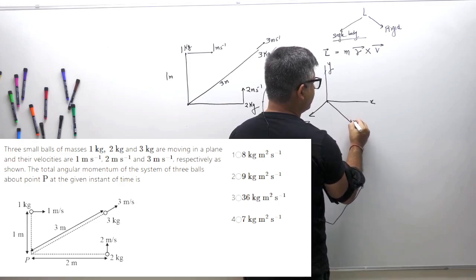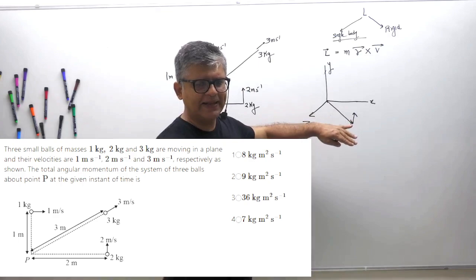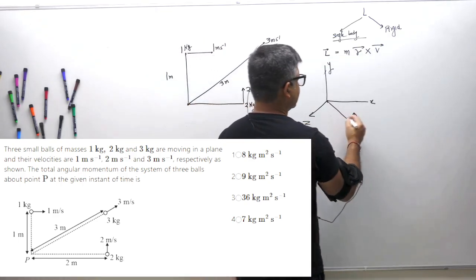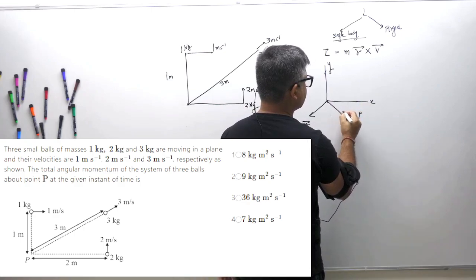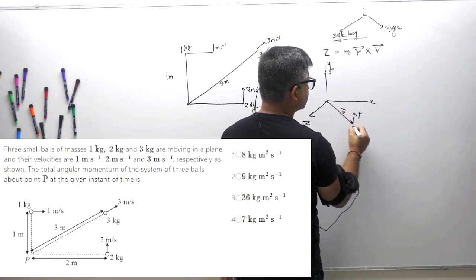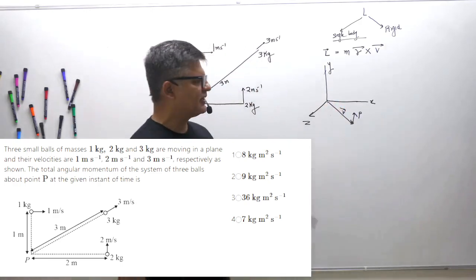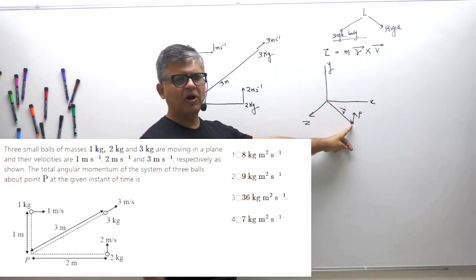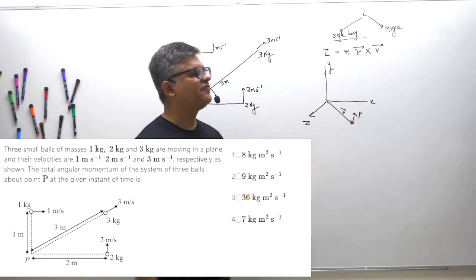So let's say that the momentum of the body in the xz plane, in the plane itself, is this, right? So xz, and this is the momentum. This is your r vector. This is the position of the body with respect to the chosen origin. So that's your origin. The body is placed here, and it is moving with a linear momentum of p.